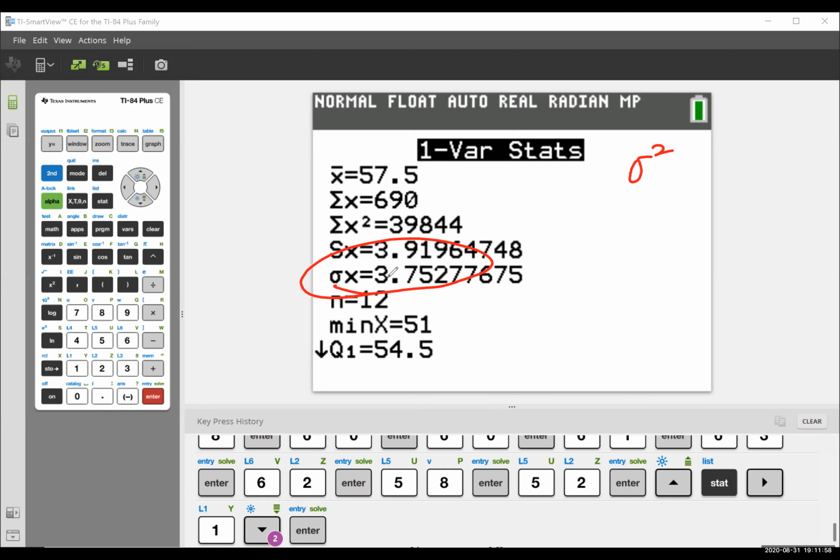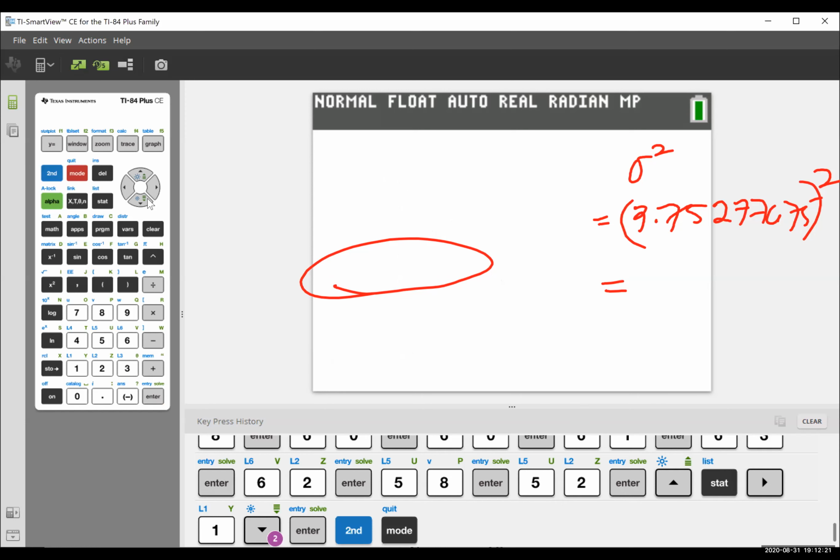So all you have to do is square this number to get the variance. 3.752777675, square this. What's gonna be the answer?